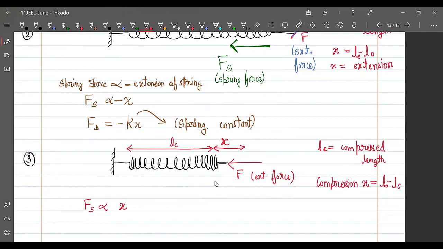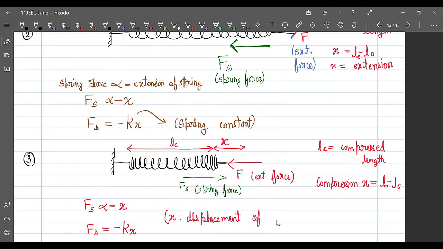The displacement is towards the left, and the spring force will be towards the right. So Fs is proportional to the negative of displacement, and we'll get the same relation. Fs is equal to minus kx. What is x here? X is the displacement of the endpoint of the spring. That will be compression or extension, anything.